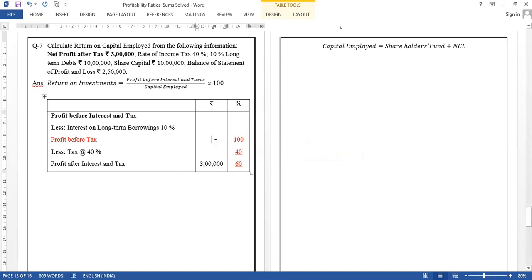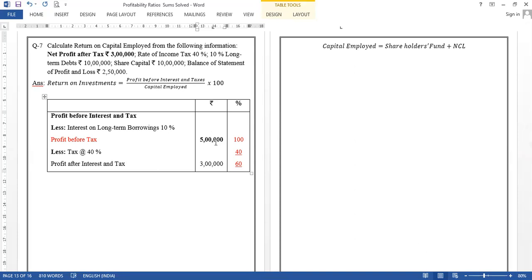Okay, this is what I need to calculate, correct? So 60 is 3 lakh, 100 is how much? So 100 will come to rupees 5 lakh. Okay, this is my profit before tax. I need to look for the interest now. Interest on long-term borrowings. Long-term borrowings is 10%, 10 lakhs.